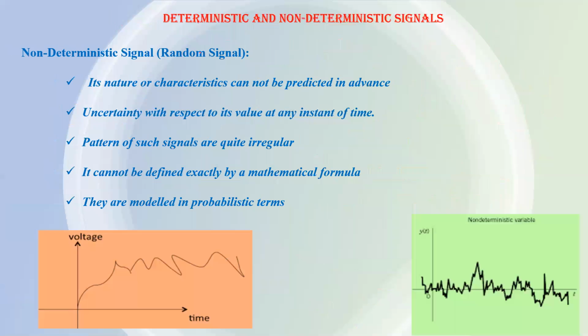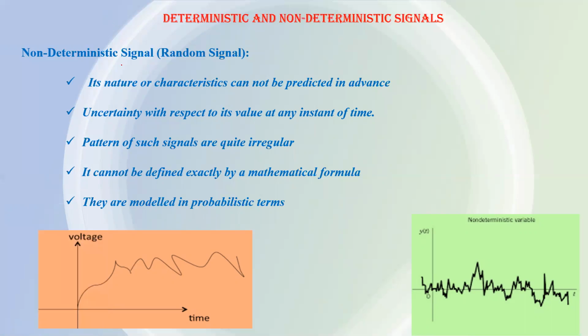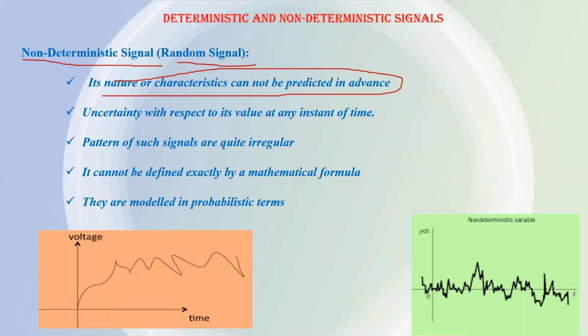But what is non-deterministic signal? Non-deterministic signal, or you can say the random signal. Its nature or characteristic cannot be predicted in advance. You cannot say what will be the characteristic of this voltage signal beyond this time.